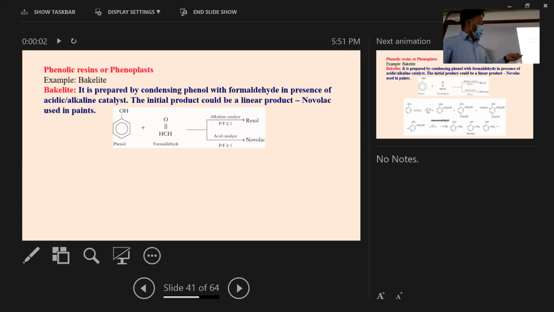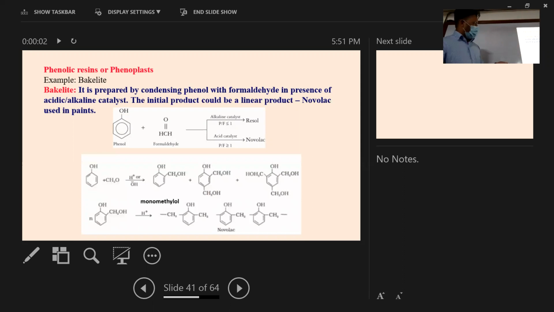And another one we can have as the result. We'll see what this is. Monomethylol phenol, formaldehyde reacting with this structure, then it combines to form.